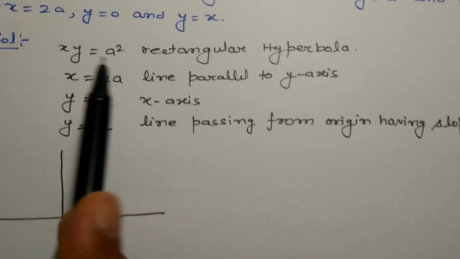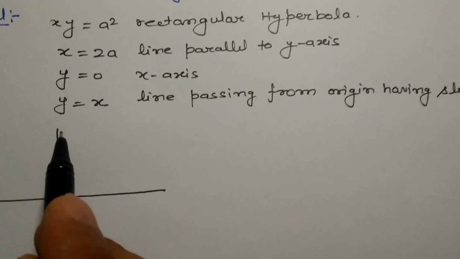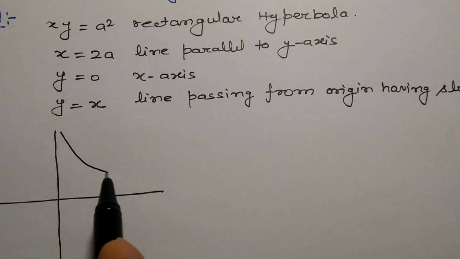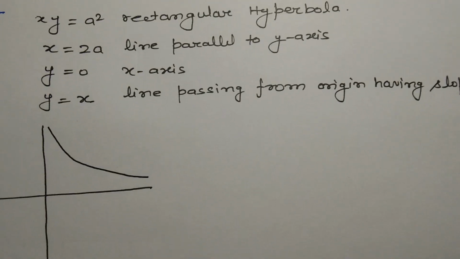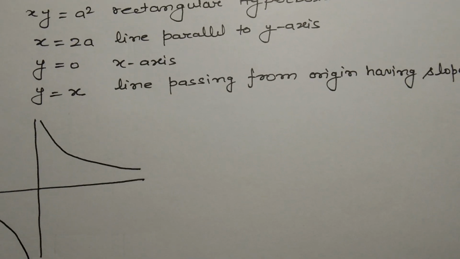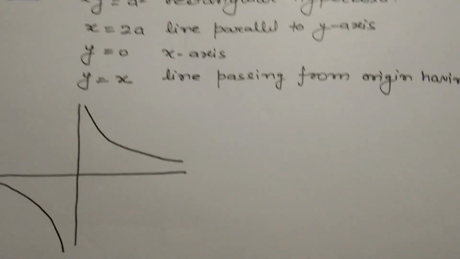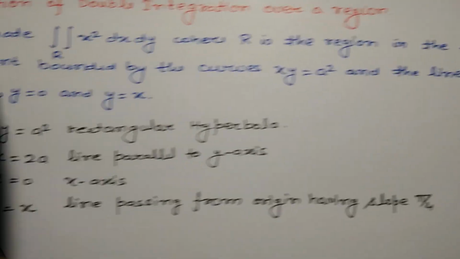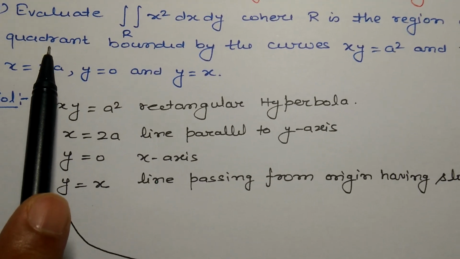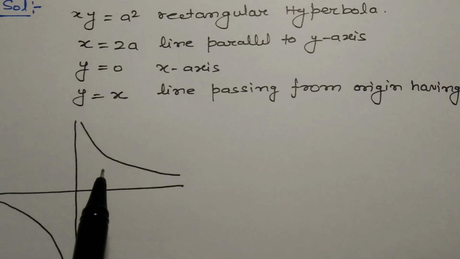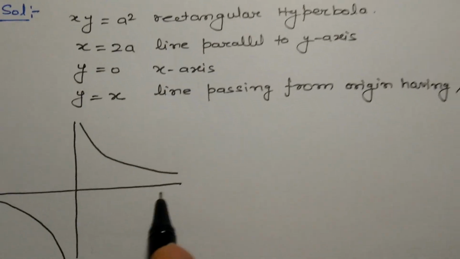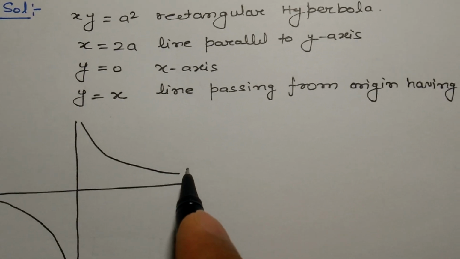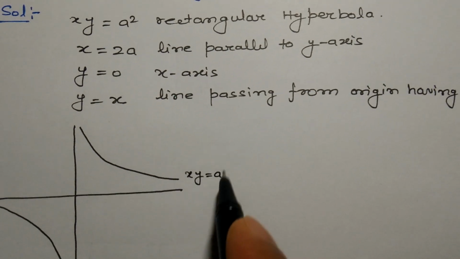the rectangular hyperbola xy is equal to a square has got two parts. One part is this in the first quadrant, another part in the third quadrant. But since they are saying in the question itself that we have to be in the first quadrant, therefore we are going to consider only the first quadrant part.